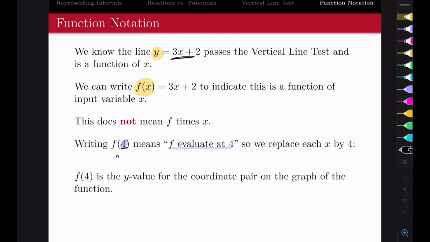So when I say f of 4, I'm going to take 3, I had 3x, so I'm going to do 3 times 4 plus 2. So that gives us 12 plus 2, or 14. So this is really the y value in the coordinate pair on our graph. So when x is equal to 4, the y value is 14. Okay?